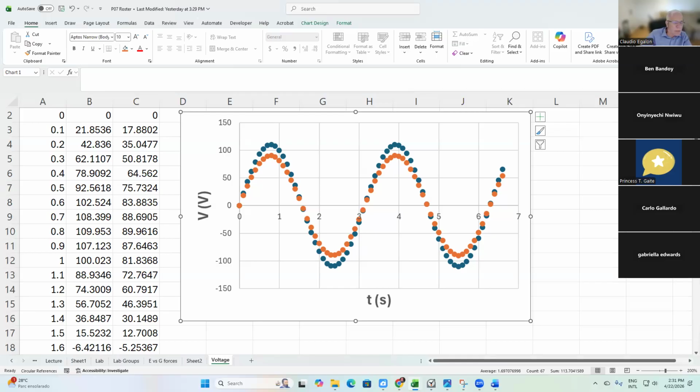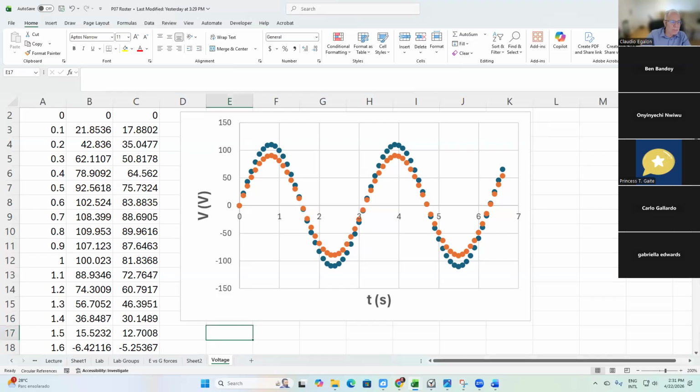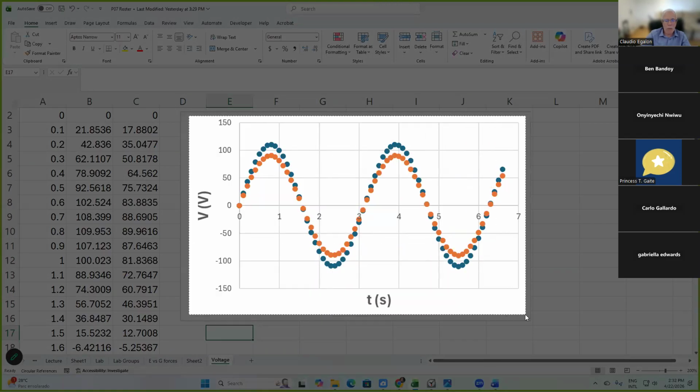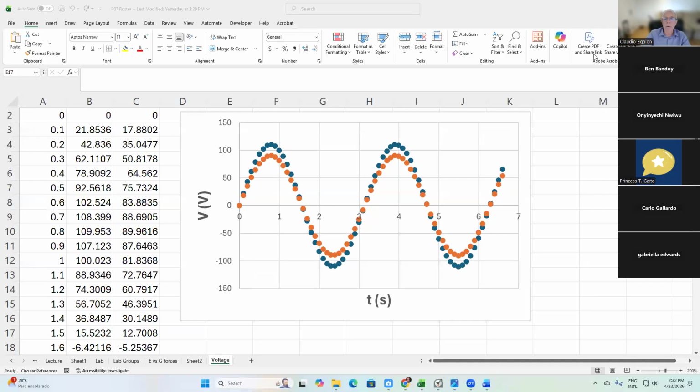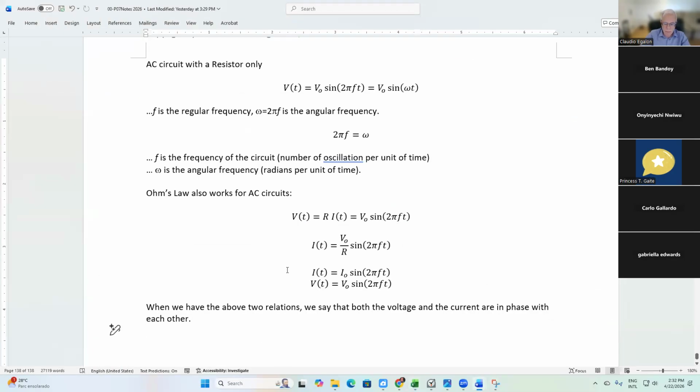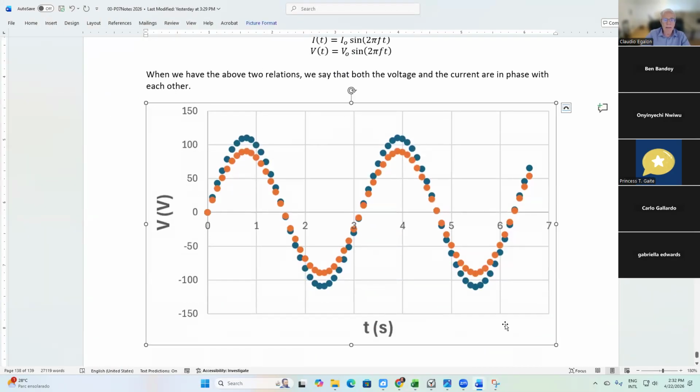I want you to copy that into your notes. Snipping tool. Get this one here. Right here.